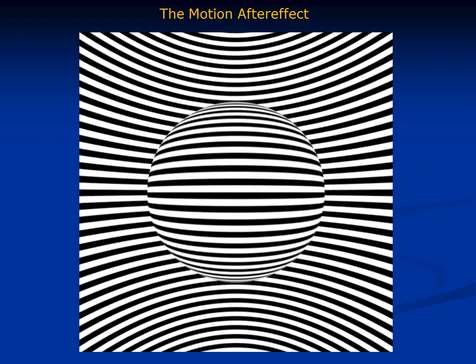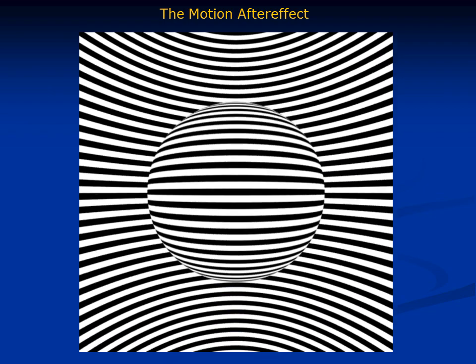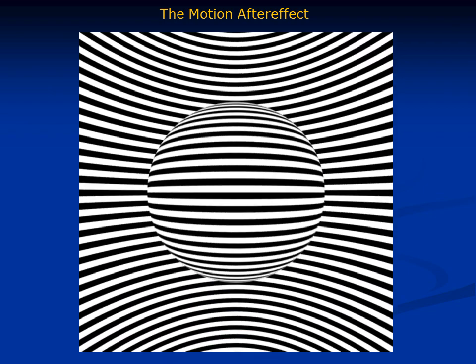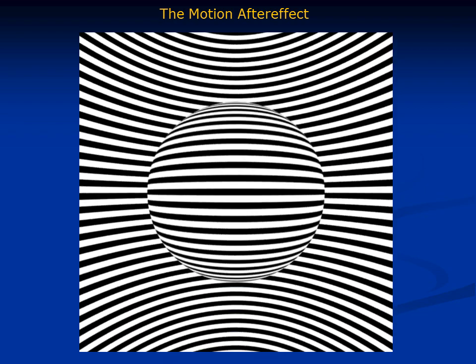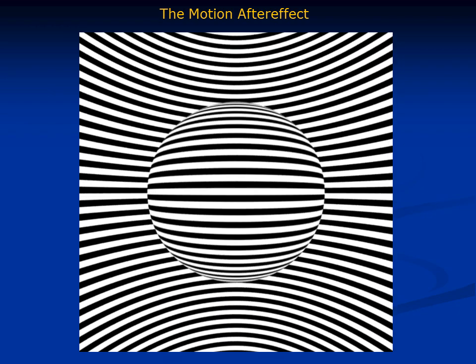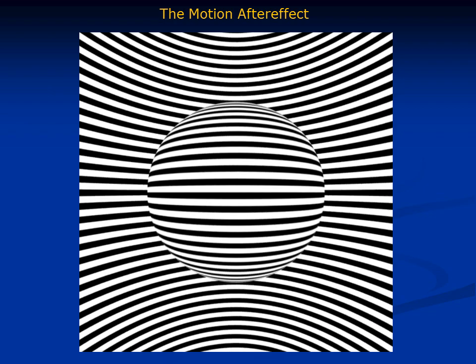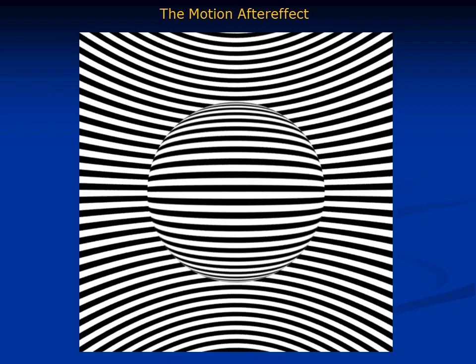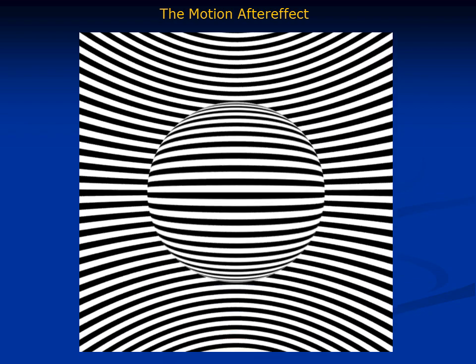It starts to think that your stable hand is moving in a weird way. It looks like it's morphing, like maybe there's an alien emerging from it or something. Anyhow, it starts to think that stable is now moving because you've exposed your visual system to this odd motion, and it starts to think that motion is normal.